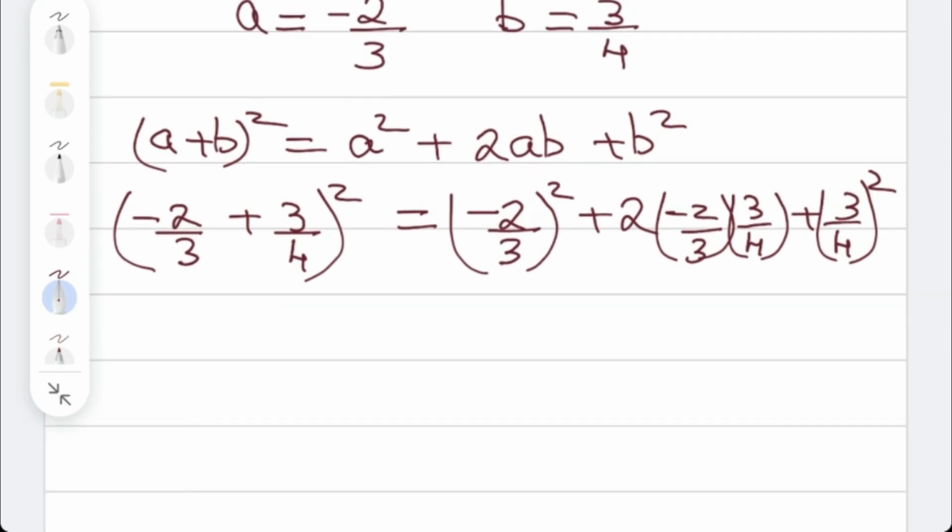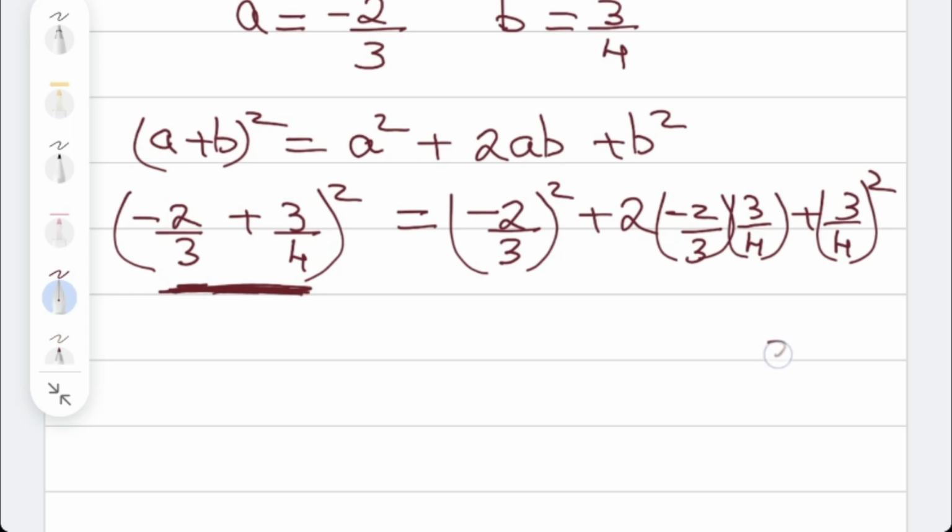Okay, now before we do the square, we'll have to add these two fractions. So first of all, when you have to add or subtract two fractions, we will have to make their denominators same, and the denominator should be their LCM.